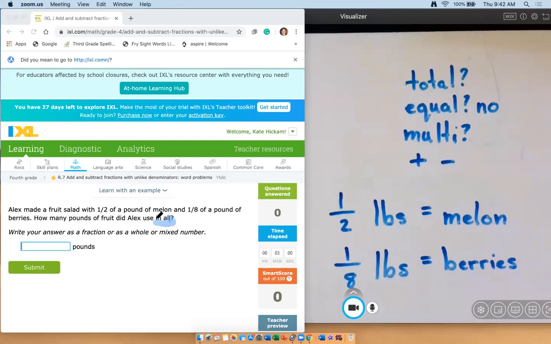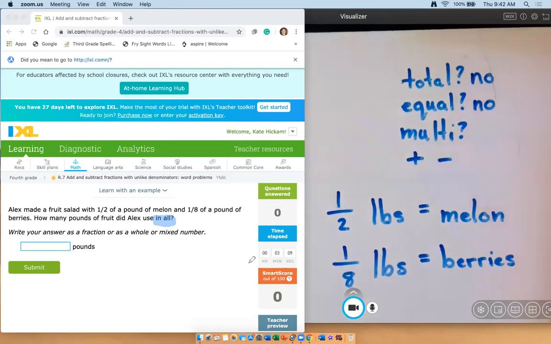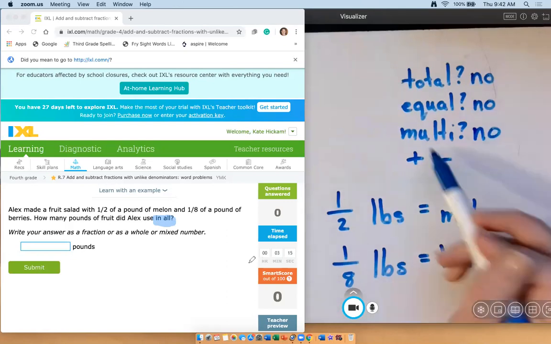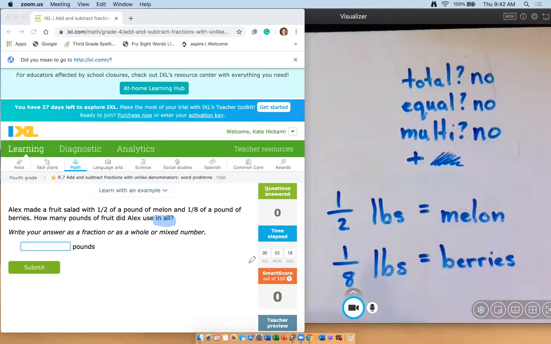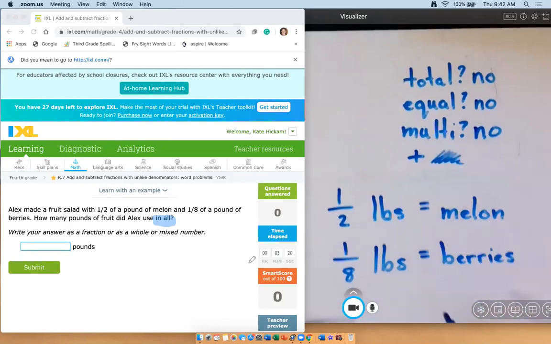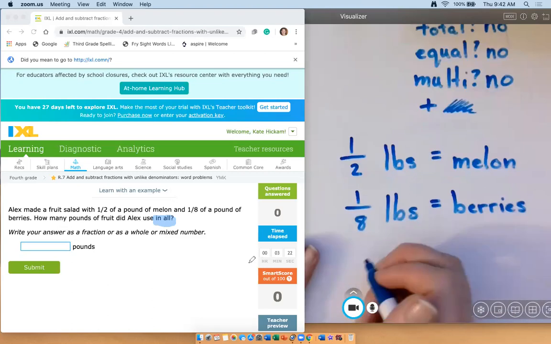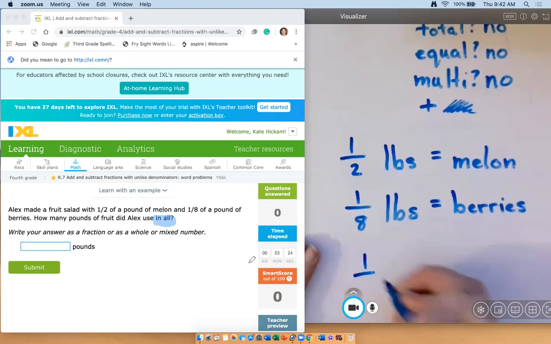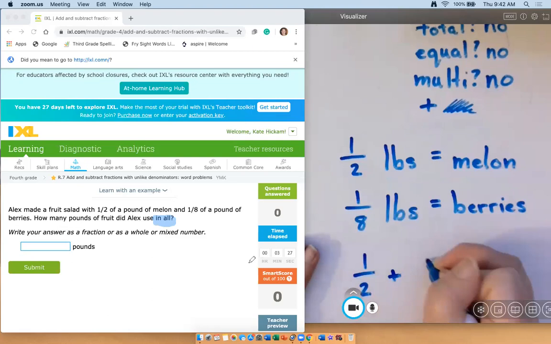In all is asking me what my total will be. So do I have a total? No, I'm looking for it. Is it going to be multiple steps? No. Whenever I don't have my total, I know that I'm adding to find it, so I'm not going to be subtracting. I'm going to end up with 1/2 plus 1/8 equals T for total amount of fruit.